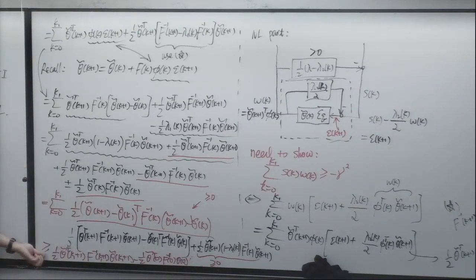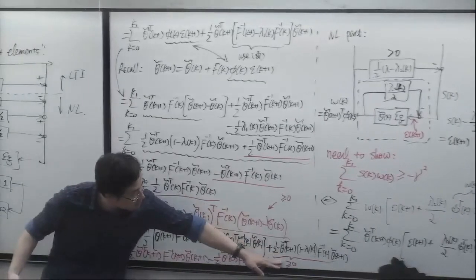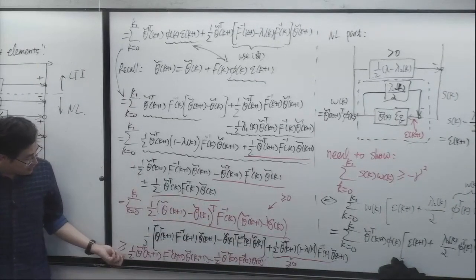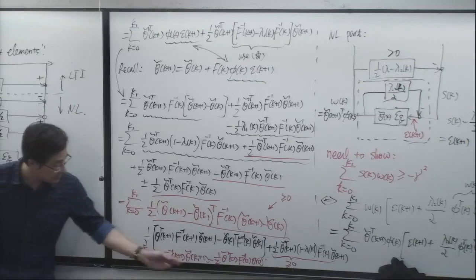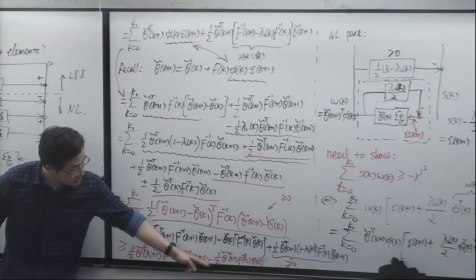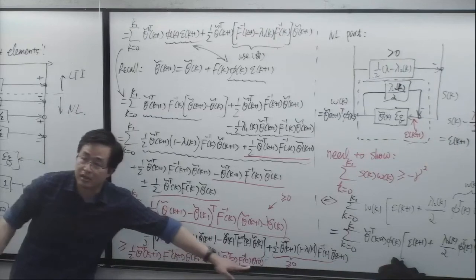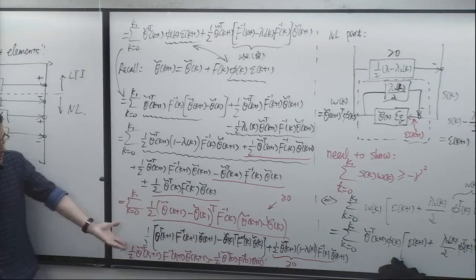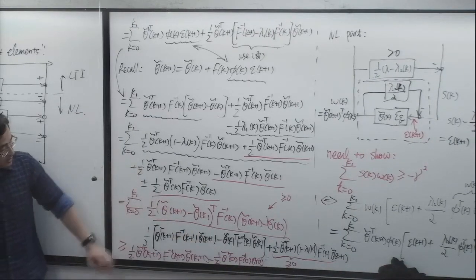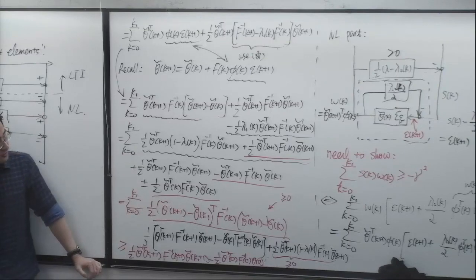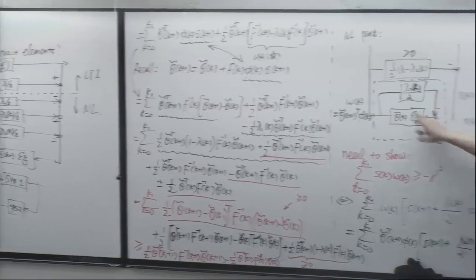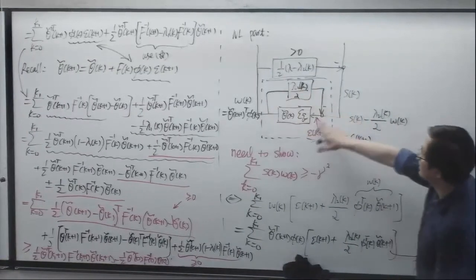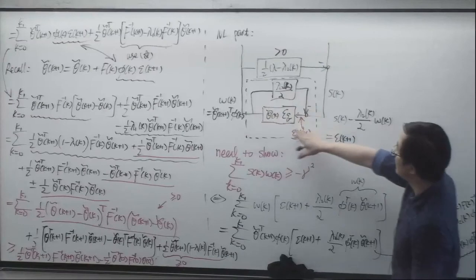This larger than or equal to sign is because of these 2 terms being larger than or equal to 0. And then the final result that we're going to need is that this term is also non-negative. So this is lower bounded by this negative gamma square. This is a gamma square. And then we have it. This is indeed lower bounded by something that's negative. Okay? Now we have proved that this block is passive. All right?